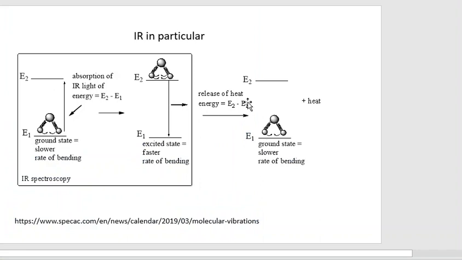So eventually heat gets released and the molecule moves back to the ground state. This is why things get warm when you shine IR light on them: when the molecules move from the higher energy state back to the ground state, as shown in the second step over here, that releases heat.